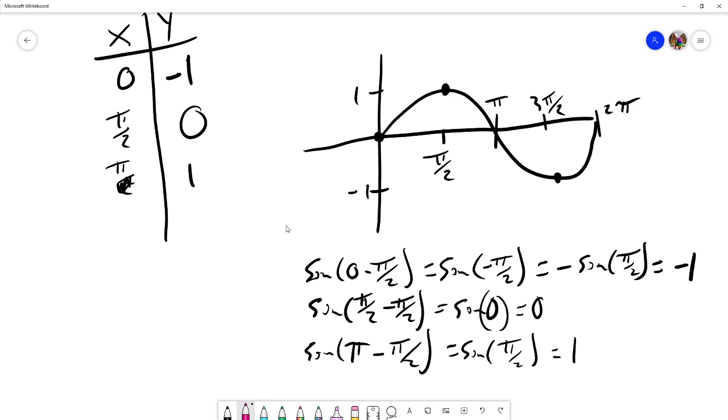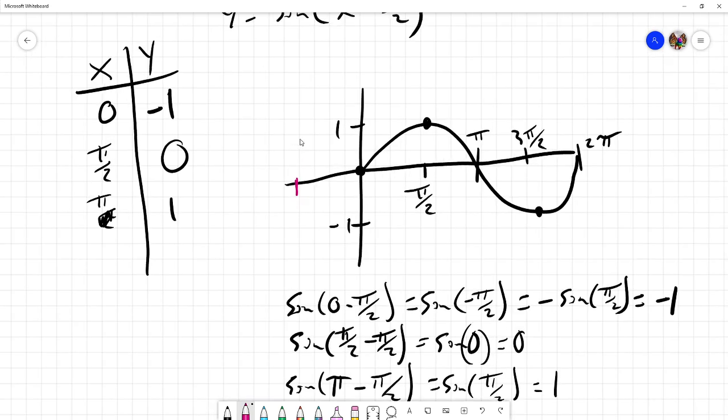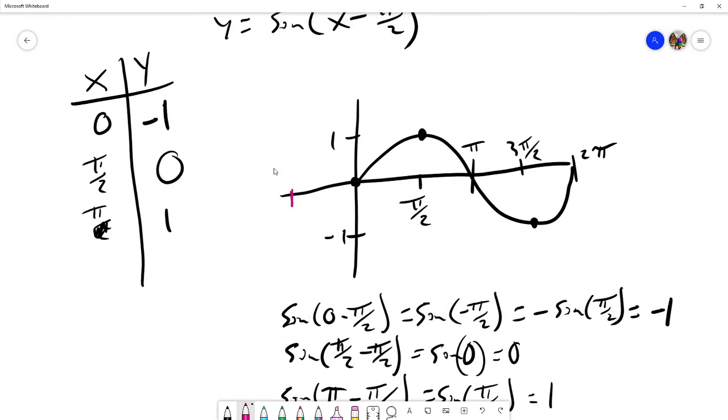Let's go ahead and use this nice pink. So when we are at 0, our new point is at negative 1, and then our next point is at 0, and then we are over here at 1. You probably guess where our next value is going to be.